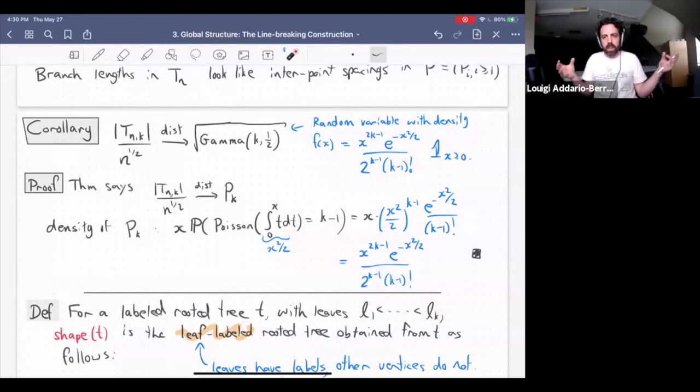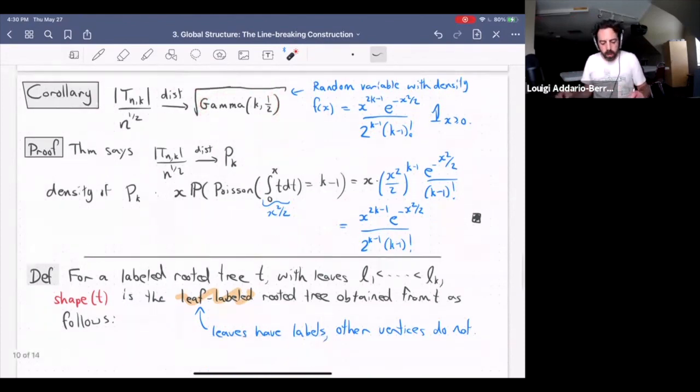Those lengths just look like a uniform partition; those numbers are equally likely to be any vector of numbers whose sum is 1. So that gives us a full description of the asymptotic description of the tree T_{n,k}. It's like a random binary tree with leaves labeled 1 up to k, and then with these random lengths, whose lengths are a random partition of unity, rescaled up to have this Gamma(k/2) size.